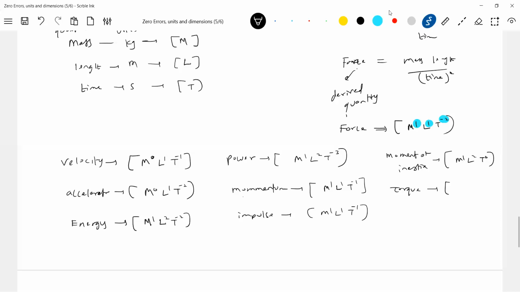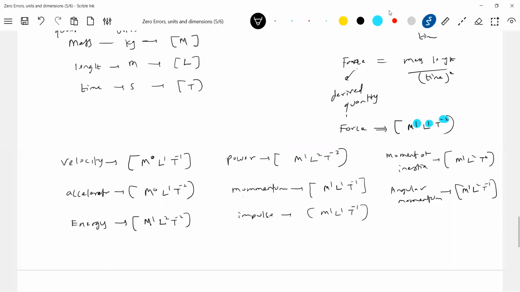Torque should be R cross F. Or first we'll go for angular momentum, then torque will become very easy. Angular momentum, take the simplified one, MVR. With velocity, this will be M1, L square, T minus 1.